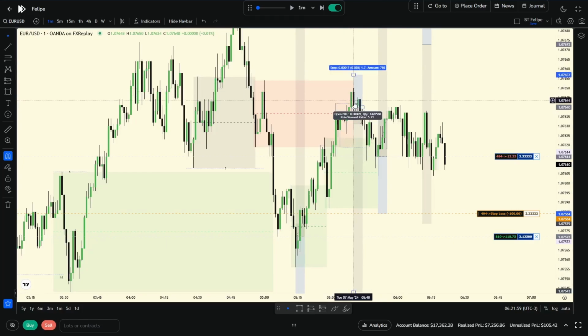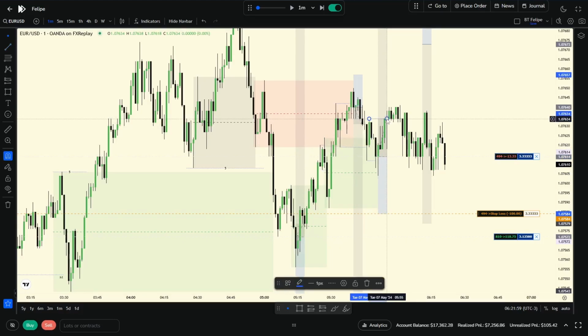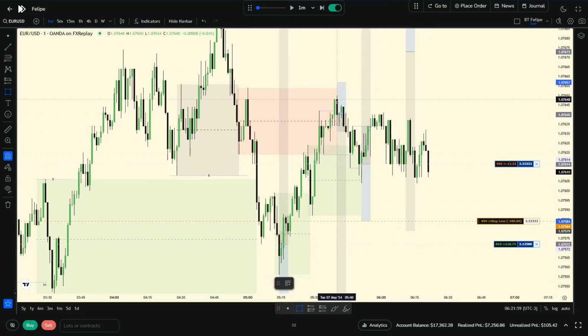And then came down. This would be the second entry. The POI.